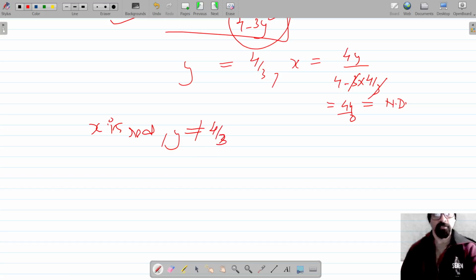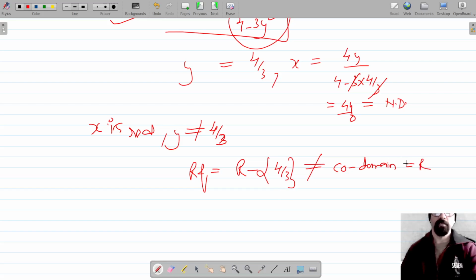That means the range of the function is all real numbers except 4 by 3, and this is not equal to the codomain, which is R. So the range is not equal to the codomain of f. That means f is not onto.